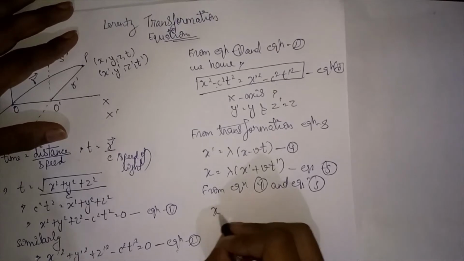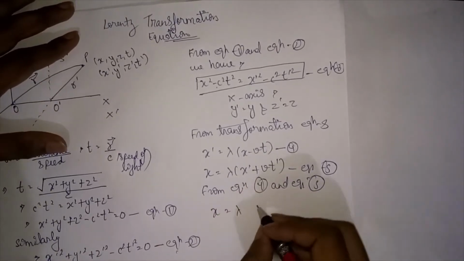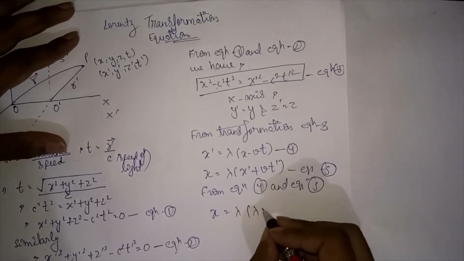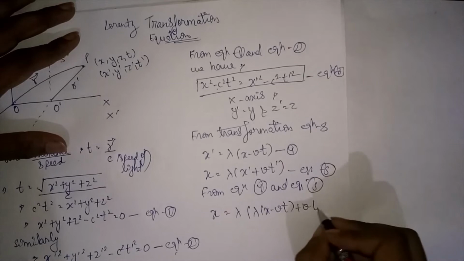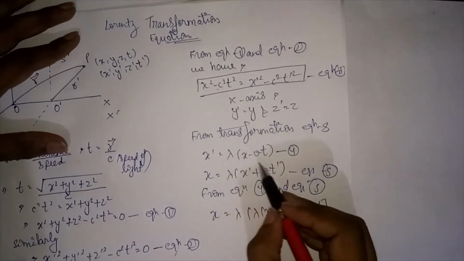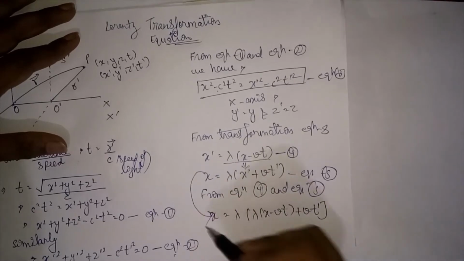we have x equals lambda into lambda x minus vt plus vt dash. Putting this value here, we will get this.